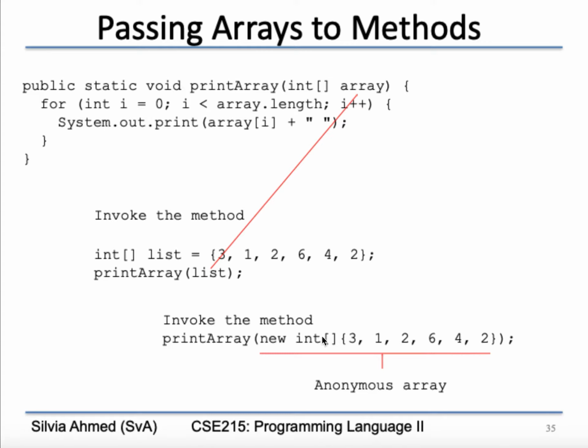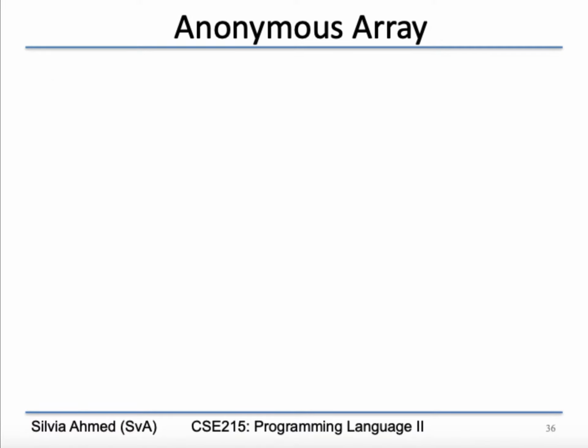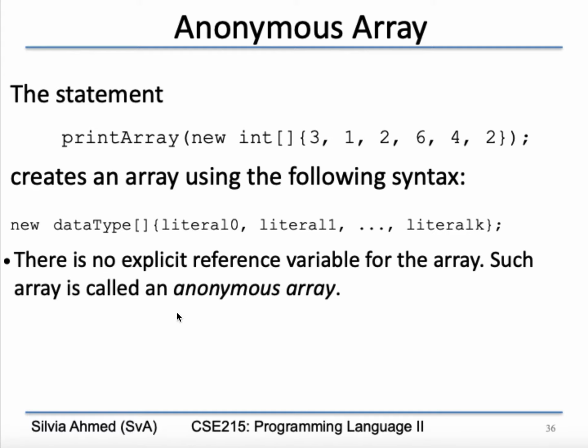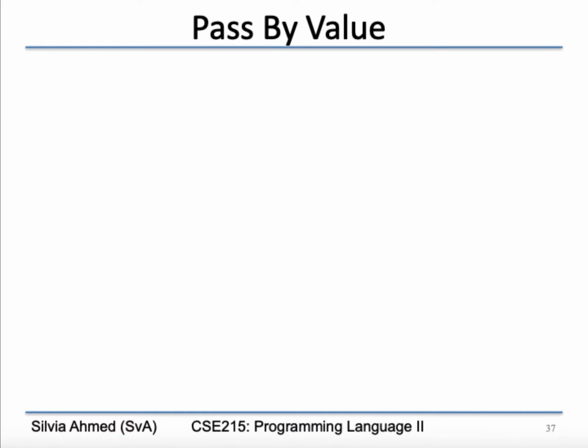We are creating this array and directly passing the address into printArray one time. That address is not stored anywhere else. Since there is no explicit reference variable for the array, such an array is called an anonymous array.